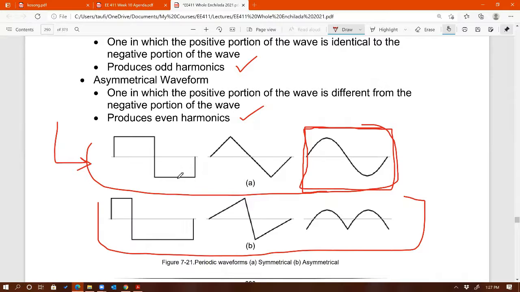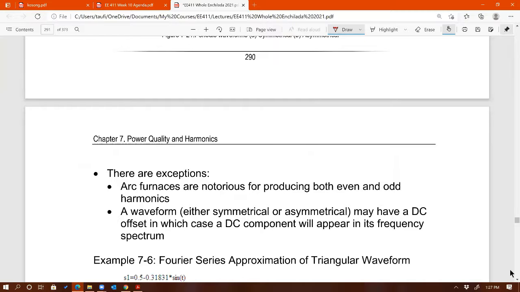So therefore, any AC that we are generating from our electronics, for example, has to mimic a sine wave, right? So a sine wave is a symmetrical waveform, or the output that we get from the electrical system will be derived from a sine wave. That's also why symmetrical waveform is common in our electrical systems.